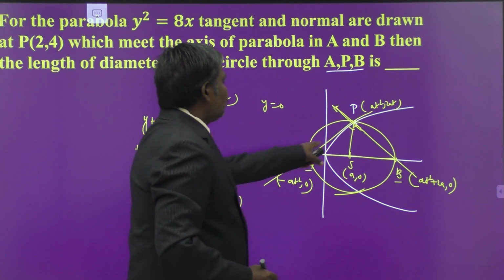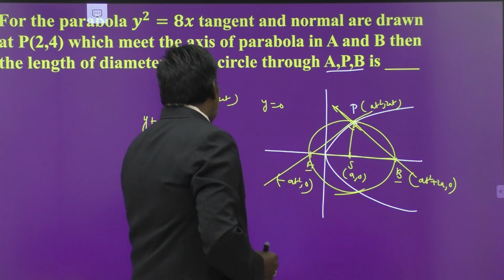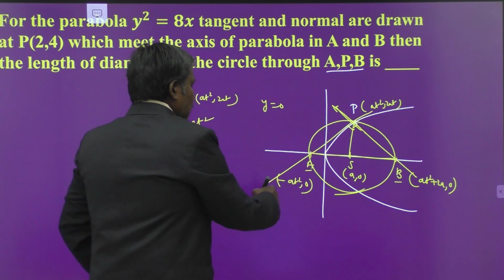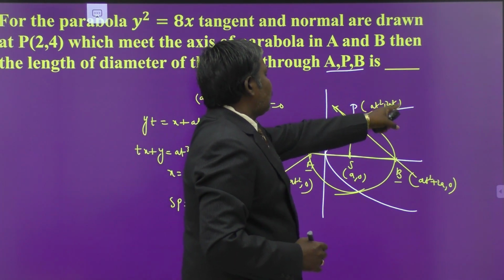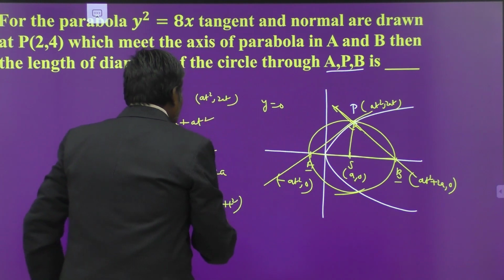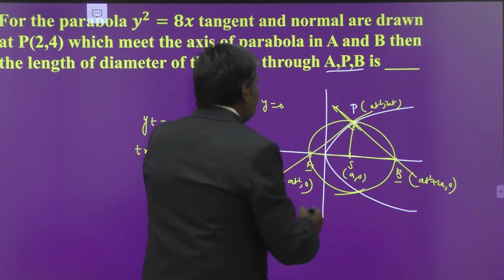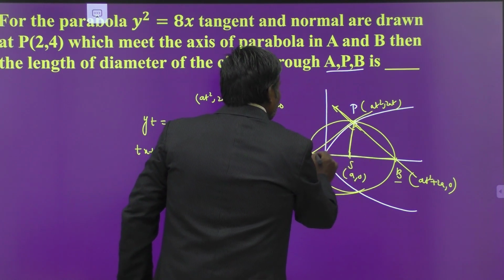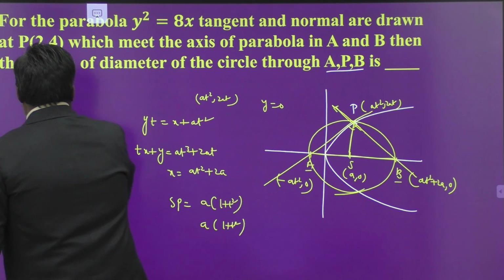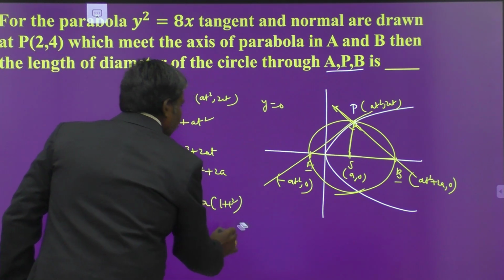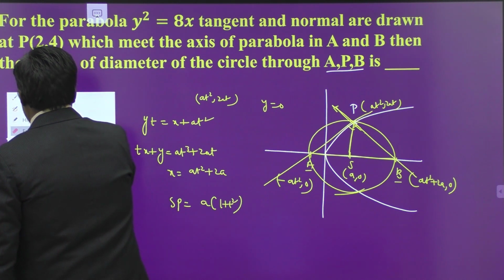SP. My dears, what is PA? PA is also nothing but a times of 1 + t². This is the distance from (-at², 0) to (at², 2at). That is also a into 1 + t². SP is equal to SA. SP is a into 1 + t². SA is what now?